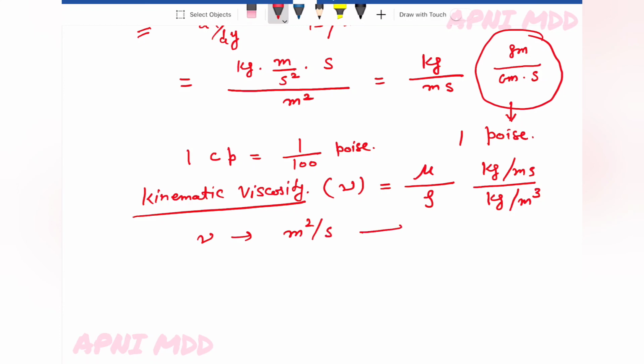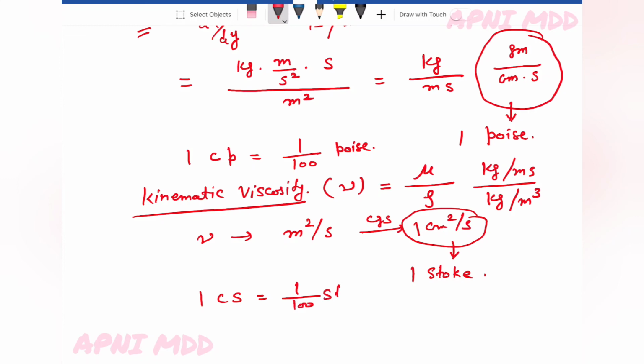Its CGS unit is centimeter square per second. So 1 centimeter square per second we call 1 stoke. Then we have 1 centistoke, that is 1/100th part of a stoke.